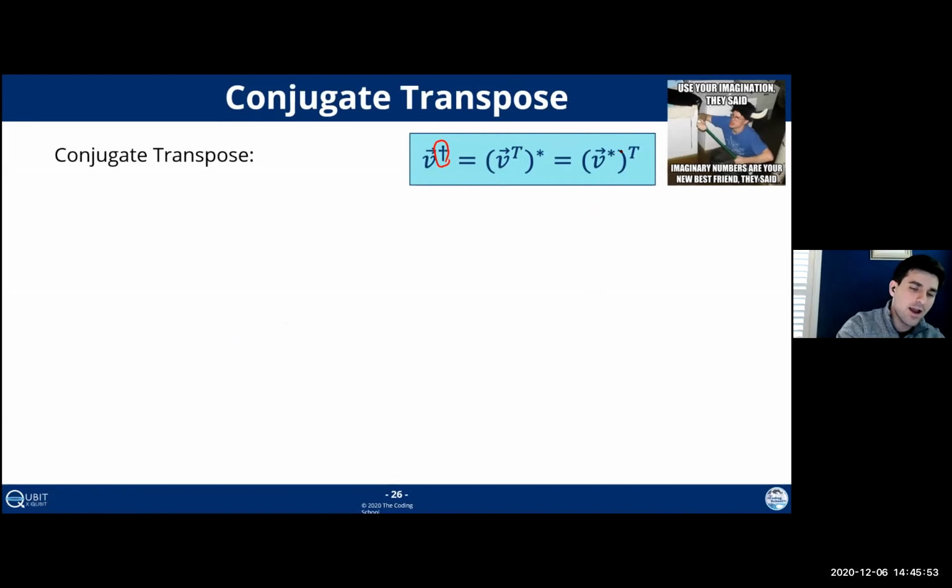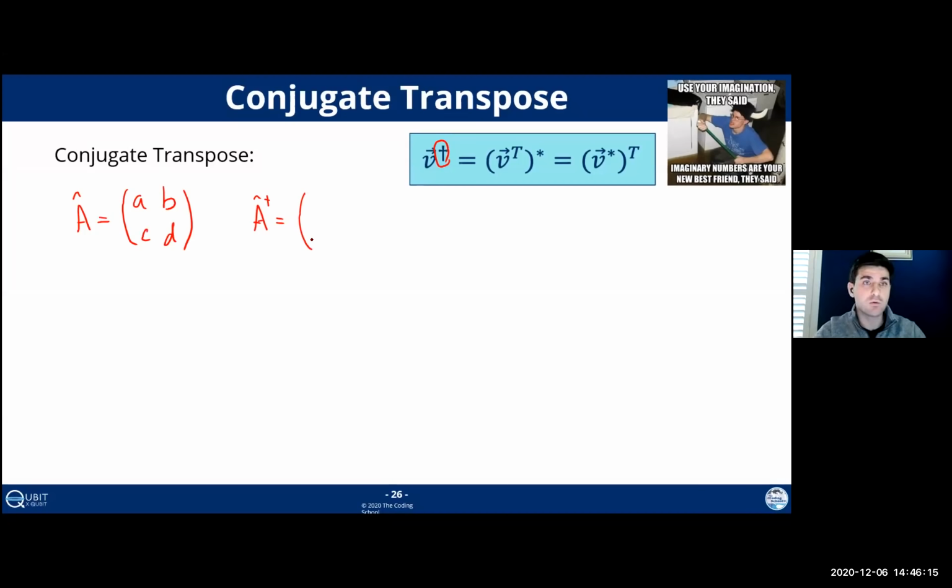So for example, if I have an operator A, and the matrix form for this operator is A, B, C, D, then A dagger, and we usually use a dagger for the conjugate transpose, is going to be equal to, let me do the transpose first. The transpose of this matrix is going to be A, C, B, D. And then I take the complex conjugate of each element.